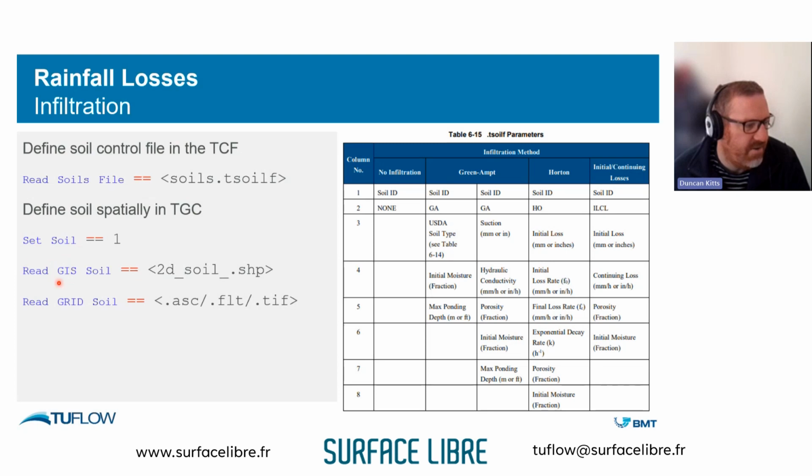We can read in vector data sets, or we can read in grid raster data sets to define our variation in soil materials. Then in our TSOLF, we basically just use that, and we use the various columns to define the models that we're using and the various parameters for those models. There are slightly different ways of doing this, particularly for the Green-Ampt. We can specify it on a USDA soil type approach, or we can specify the various parameters explicitly if we wanted to.